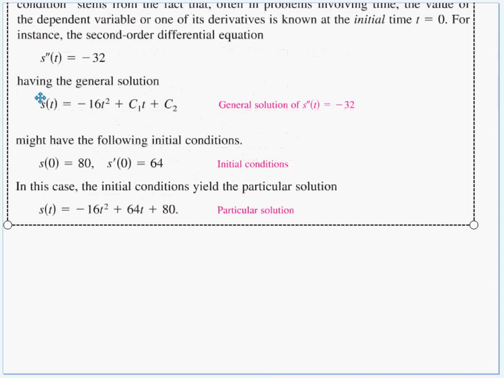So we could go to this equation, put in 0 for all the t's, and get a height of 80. And s prime of 0 is 64. So the first time we anti-derive, we get constant 1 here. We could sub in 0 for t and set it equal to 64, and we would get that the c value is 64. So plugging in those initial conditions, we would have this particular solution.